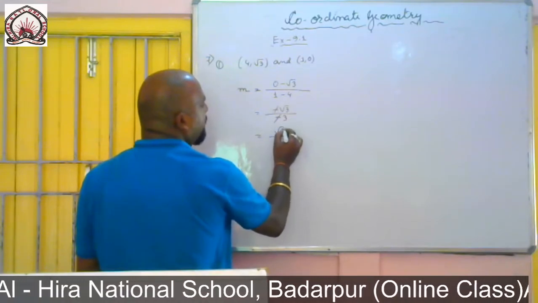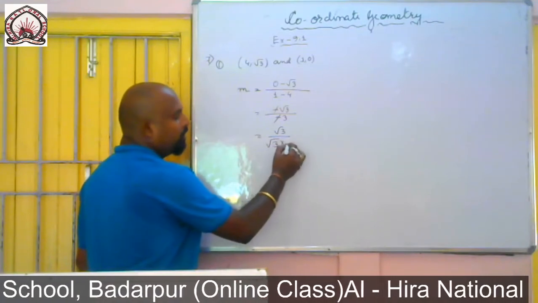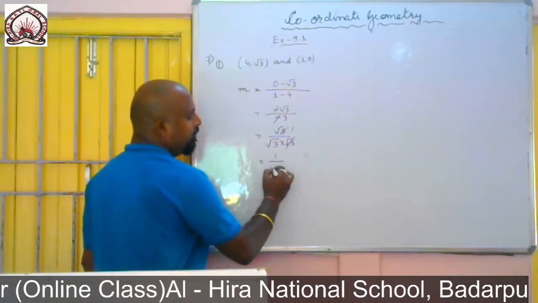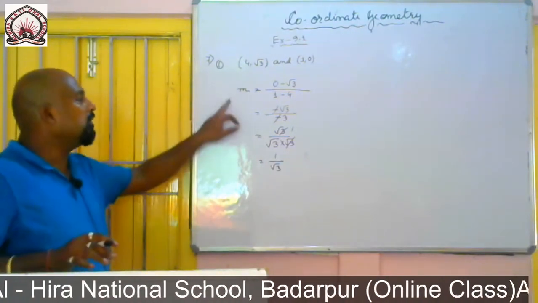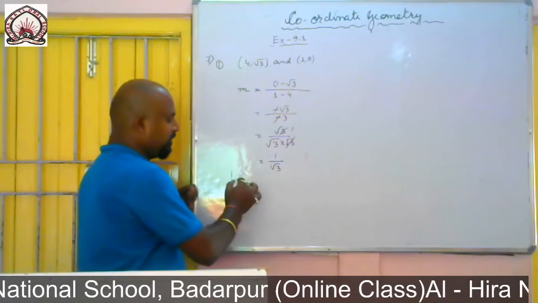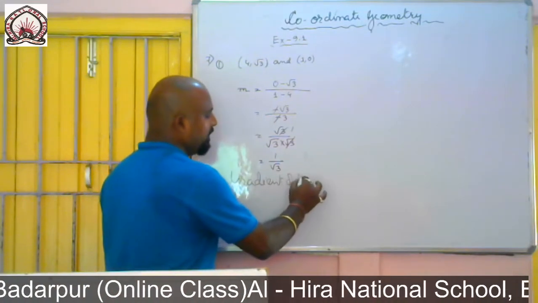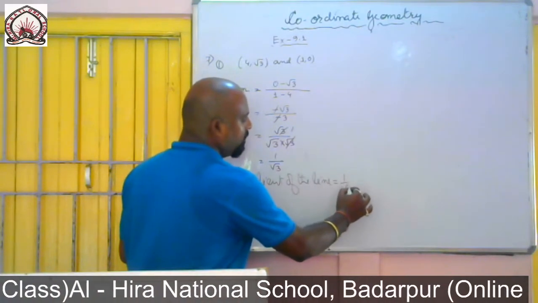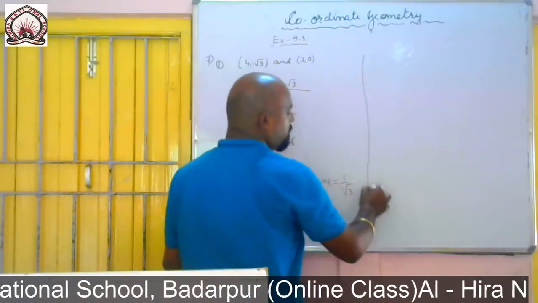So root 3 can be written as root 3 into root 3. Root 3 cancel. We are getting the value 1 by root 3. This is nothing but the gradient of the line, equal to 1 by root 3. Okay. Now we have to find the inclination also.